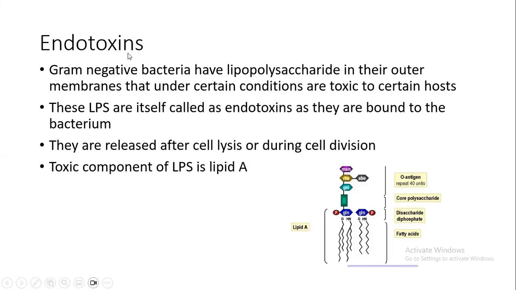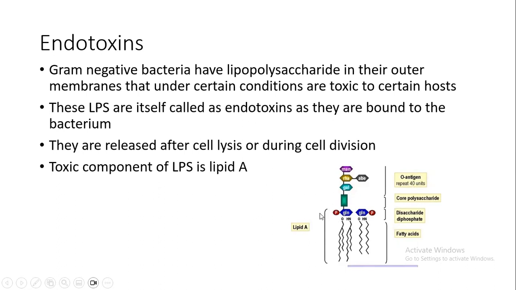Lastly, the second category of toxins are endotoxins. Gram-negative bacteria, as we have already studied, basically have lipopolysaccharide in the outer membrane. This is the structure of a lipopolysaccharide.